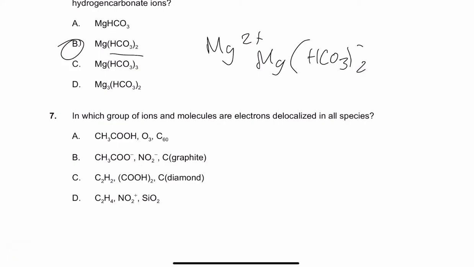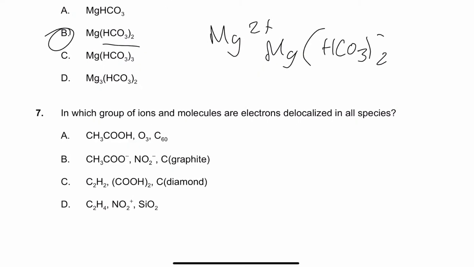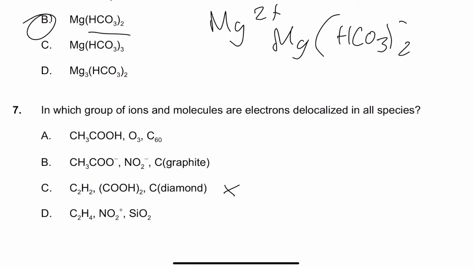Free mark. In which group of ions and molecules are electrons delocalized in all species? Okay, interesting. So, let's just go through one by one, I guess. Instantly, before I even go to A, I know that I can eliminate C because it has diamond, and that does not have electrons delocalized. Then for A, we have CH3COOH, and we know that doesn't have delocalized electrons, if you can see how I'm drawing it.